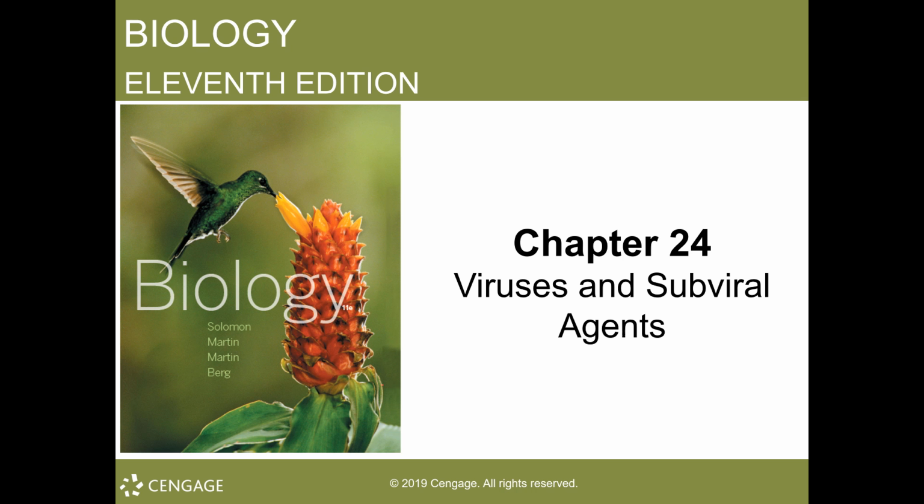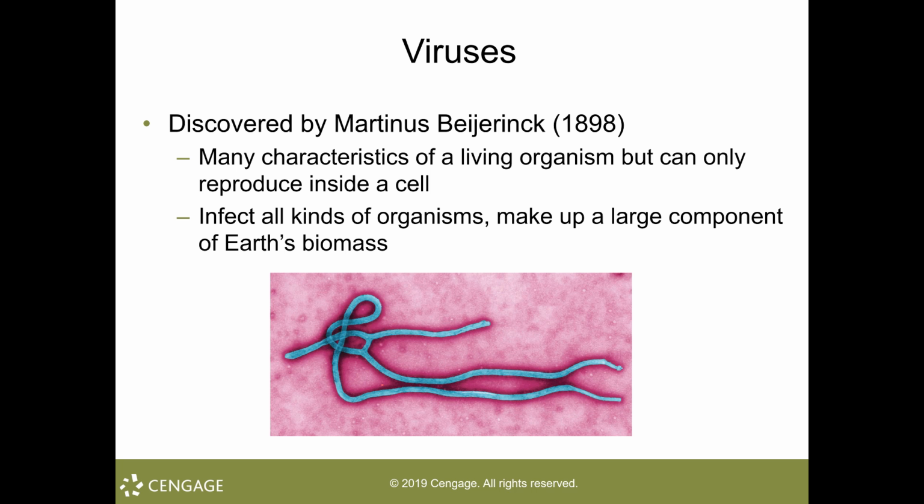During the late 1800s, botanists were looking for the cause of tobacco mosaic disease, which stunted the growth of tobacco plants and gave infected leaves a spotted mosaic appearance.